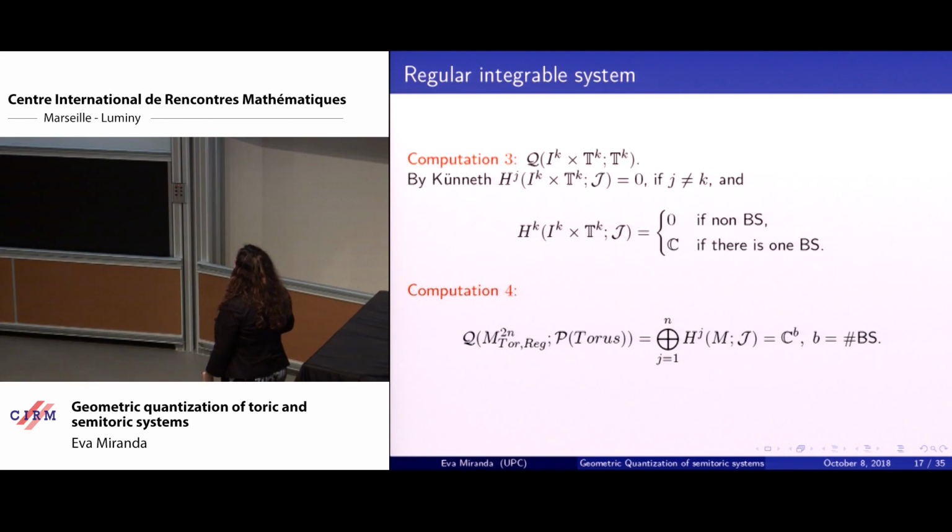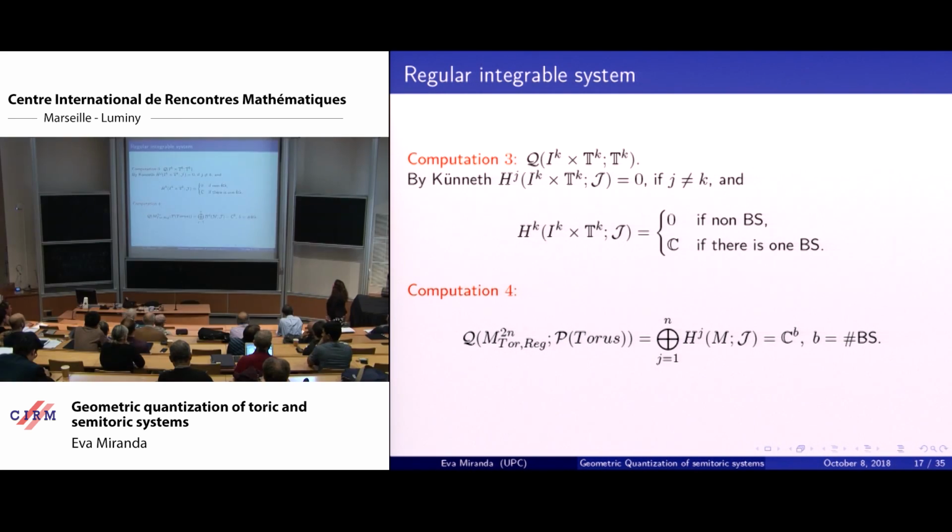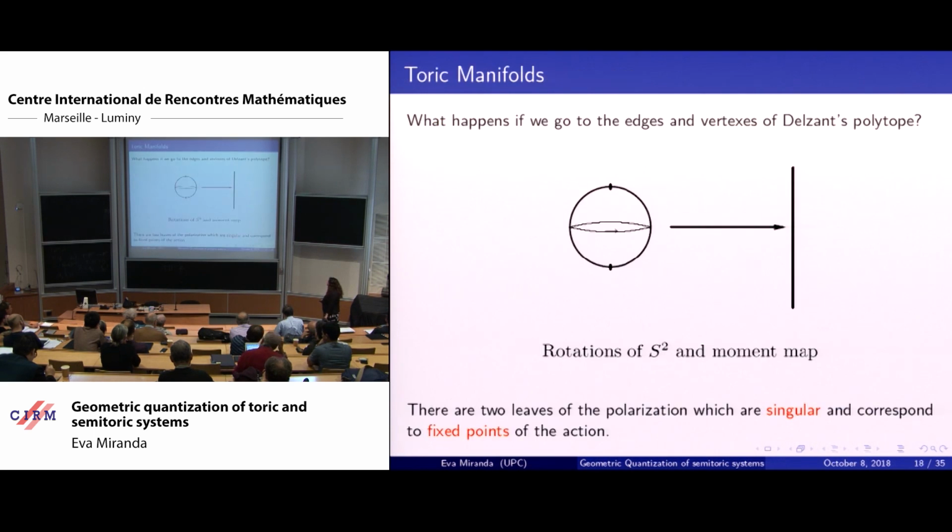So the final answer gives me a new proof of Sniatycki's theorem, which tells me first that this sheaf cohomology is localized in half of the dimension of the manifold, and secondly that you are fishing out the total number of Bohr-Sommerfeld leaves. So it's really algebraic topology, what we are doing.